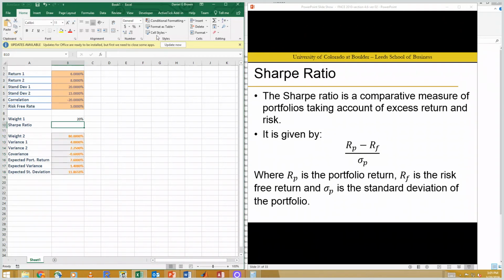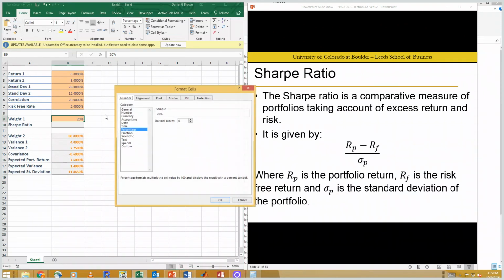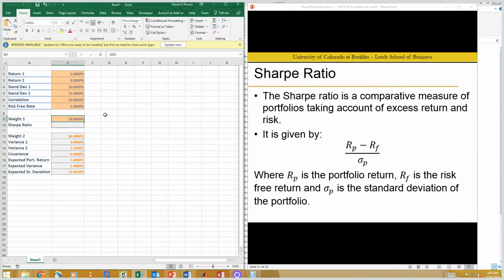Now we can calculate the Sharpe ratio. Let's make that an output. The weight 1 should be an input, again formatted as a percentage. The Sharpe ratio is going to be the excess return, expected portfolio return minus risk-free, divided by standard deviation.